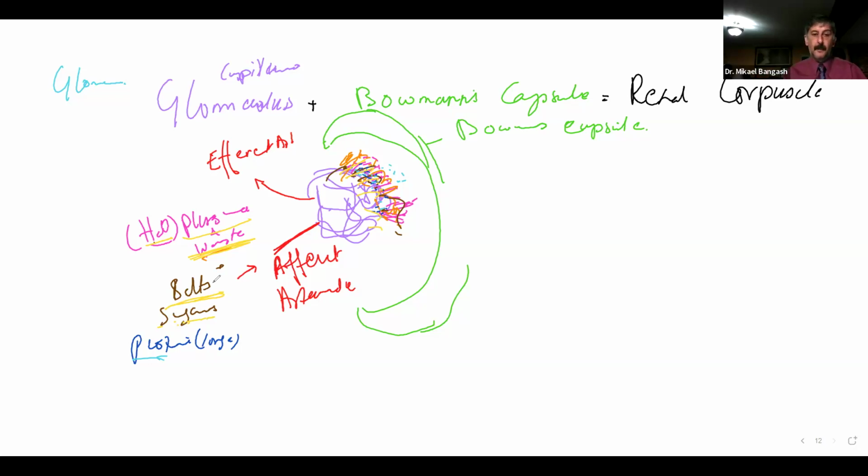But the substance that primarily leaves the glomerulus and gets collected in the Bowman's capsule, this substance here, is what we'll call a filtrate. Or as a matter of fact, we can call it the glomerular filtrate.